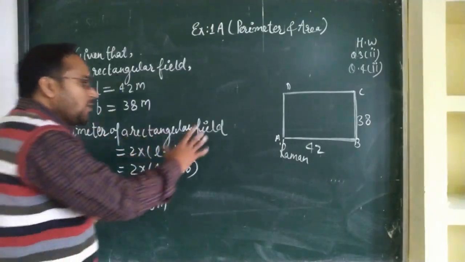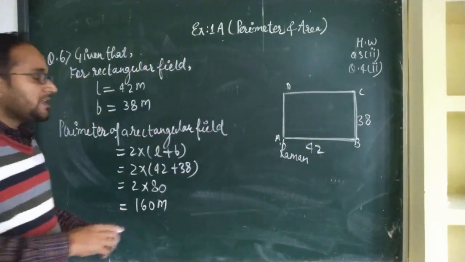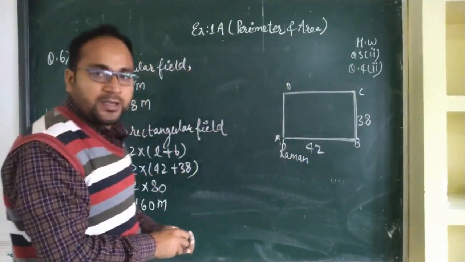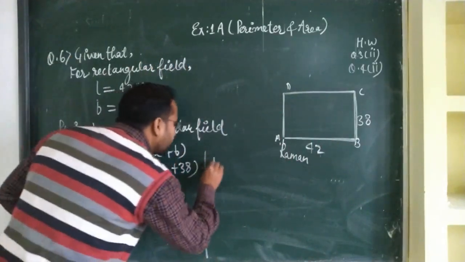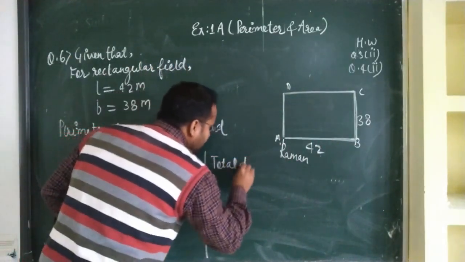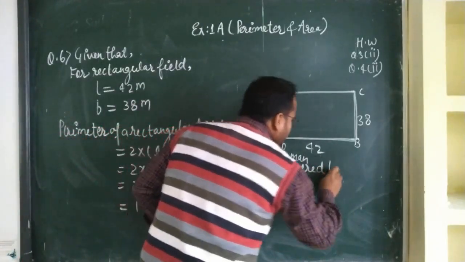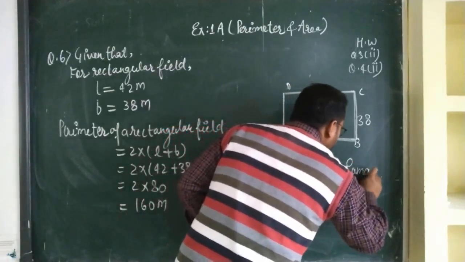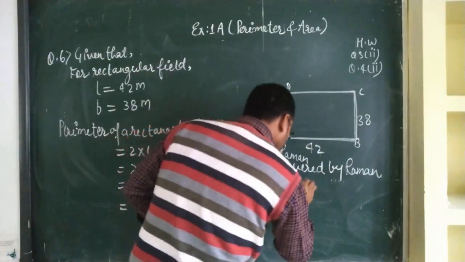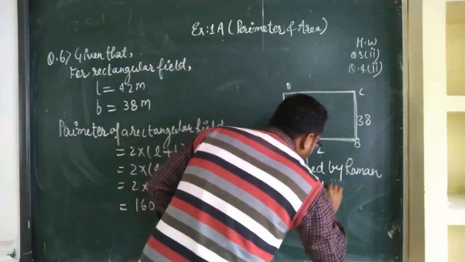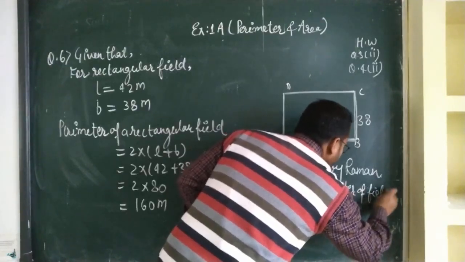160 meter is the distance he covers in one time, but he runs twice around the same field. So the total distance covered by Raman is equal to twice the perimeter of the field.